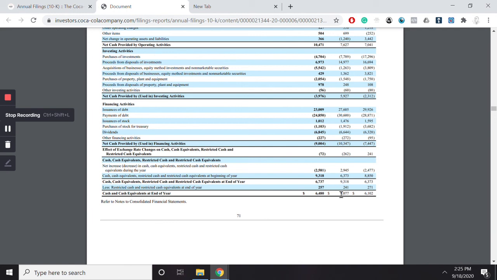transition and move towards healthier options, which is why Coca-Cola bought Vitamin Water, the sports drink company. And that's why they bought, what was the other one they bought? It's escaping me now, but one of those electrolyte drinks. Was it Powerade? I believe maybe it was Powerade. One of those.